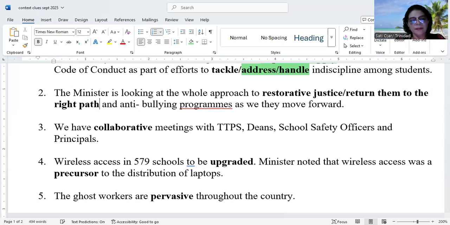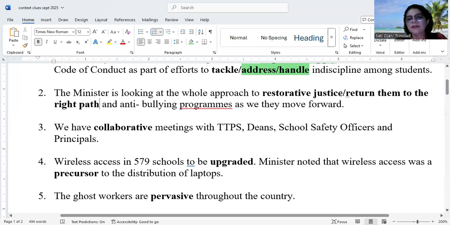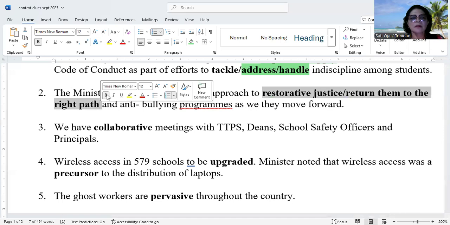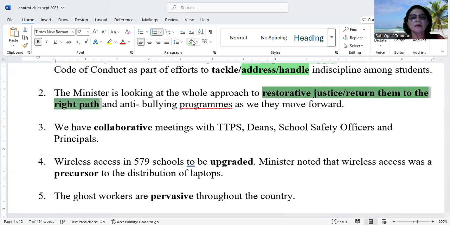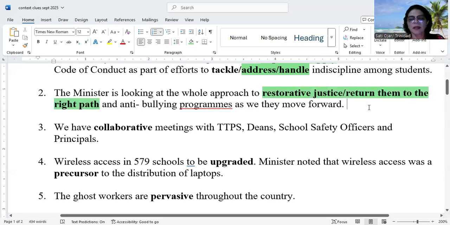To return them to the right path instead of putting them through jail or whatever. Give them counseling and get them to go on the right path. Give them a future instead of throwing them away in a cell. Right? That's what it means. Everybody clear on it? Everybody clear?